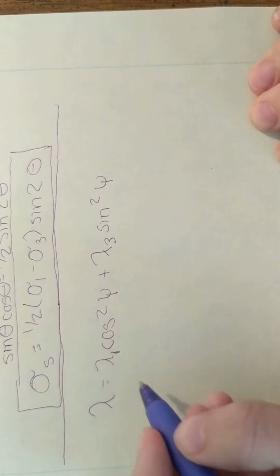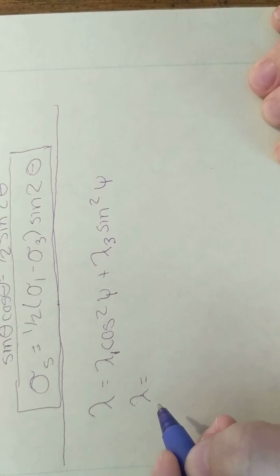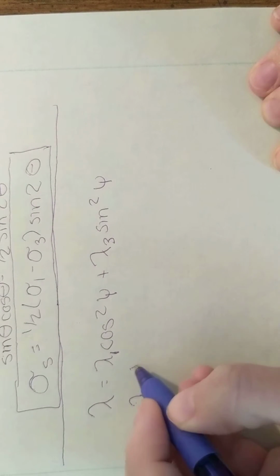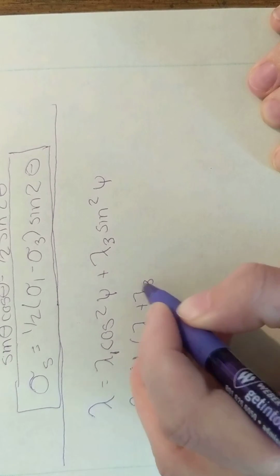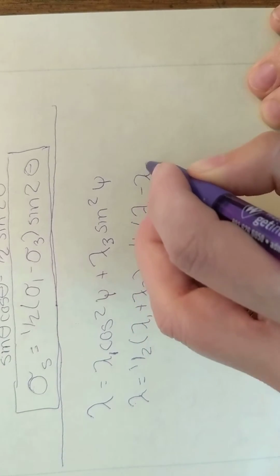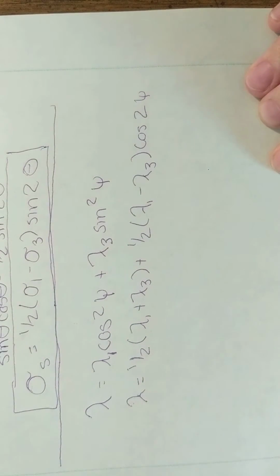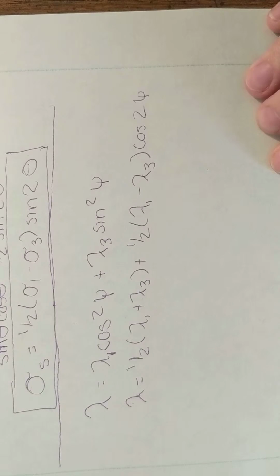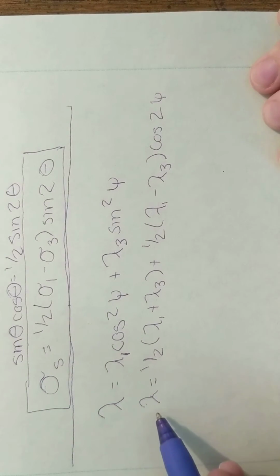And again, applying the same substitutions for our trig, we have our lambda, which is equal to 1/2 (lambda 1 plus lambda 3) plus 1/2 (lambda 1 minus lambda 3) cosine 2 theta. So that is the equivalent of our normal of our Mohr diagram.